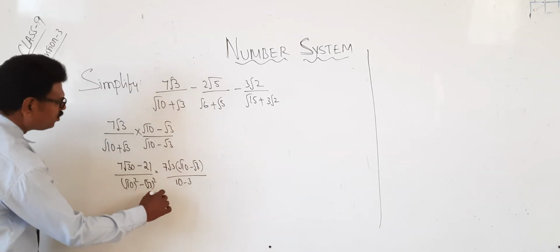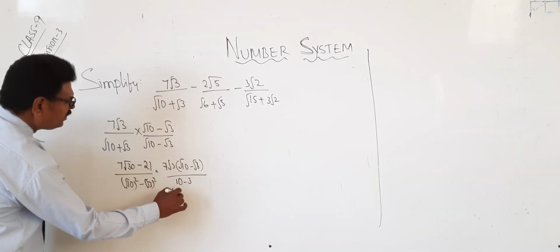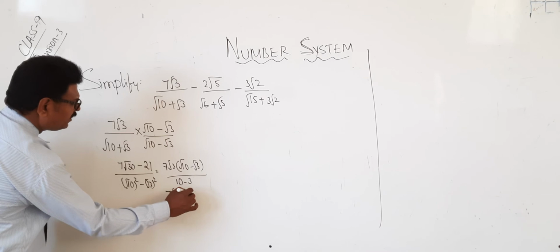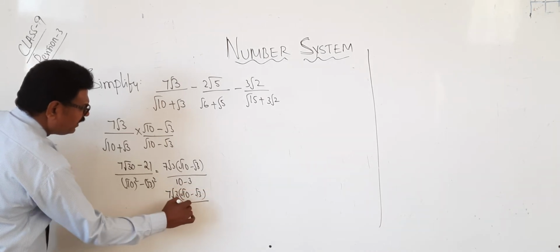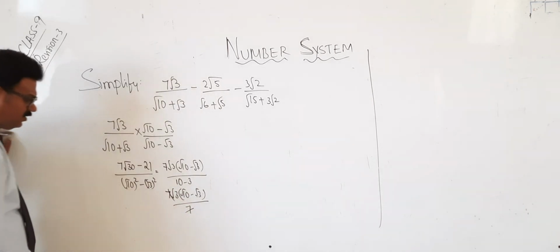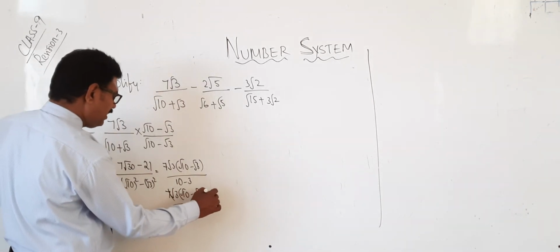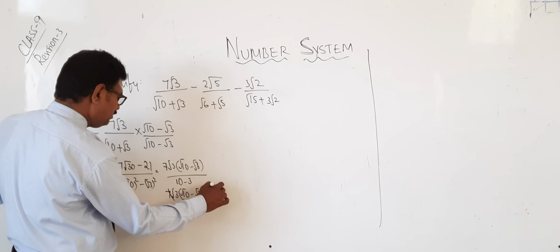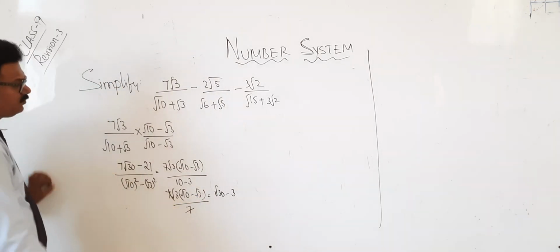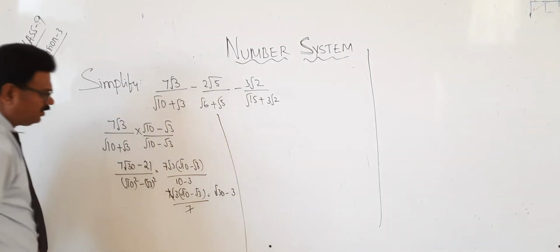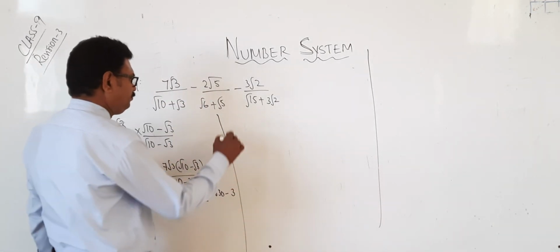So it is equals to 7 root 3 into root 10 minus root 3 divided by 7, 7, 7 cancel. Okay na? Therefore, how much it will come? Root 30 minus 3. This is the first one. Okay na? Now second one.